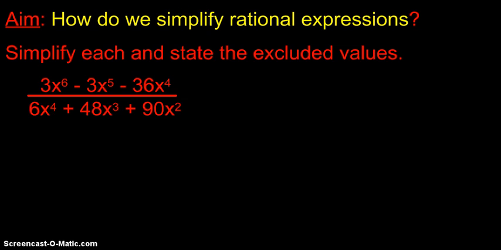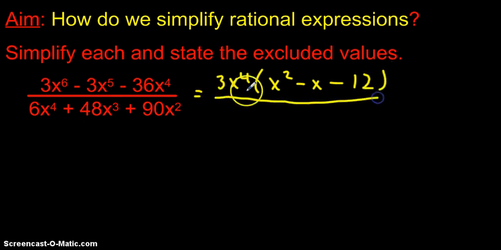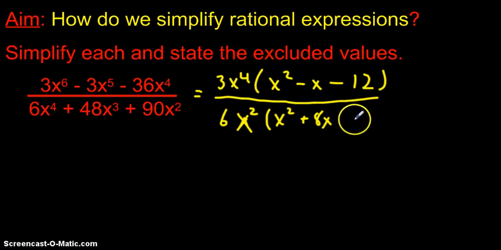Alright, so this is just a heavy factoring example. The GCF here is 3x to the fourth, which will leave over an x to the second, a negative x to the first, and a negative 12, all over a GCF of 6x to the second, x squared plus 8x and a 15.